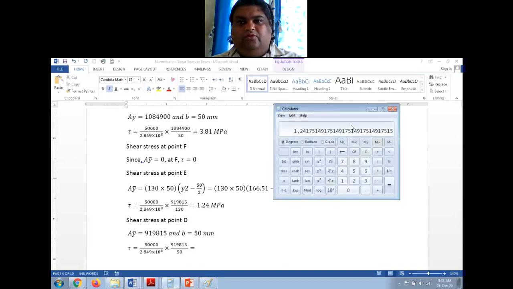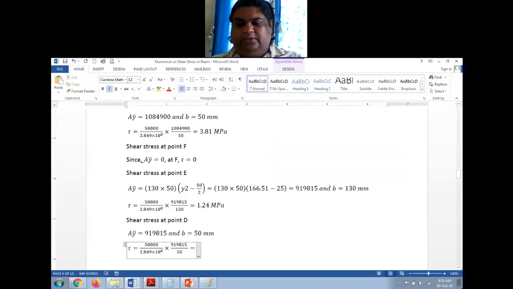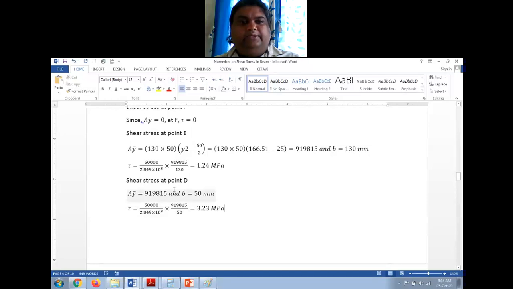This I got by dividing by 130, so I'll multiply this by 130 and now divide by 50. So the shear stress at that point is 3.23 megapascal. That is the shear stress at point D.